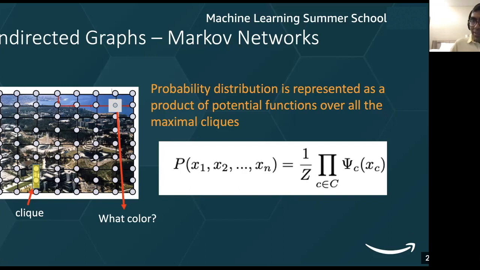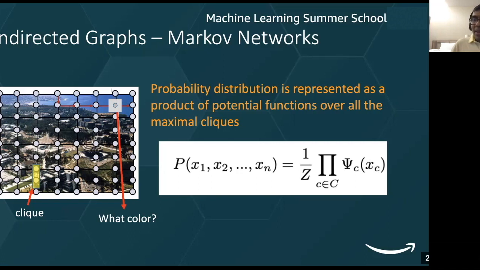The potential functions are something we define, such as the exponential function or any other function suitable for our particular purpose. The graphs resulting from such a representation are also often referred to as factor graphs, because the terms in the product are factors which get multiplied to construct the joint distribution.